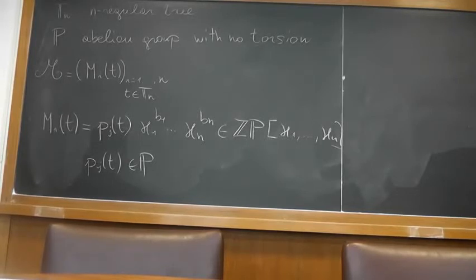But these two monomials m_{j,t} and m_{j,t'} are relatively prime.